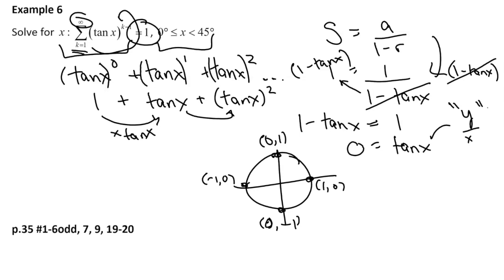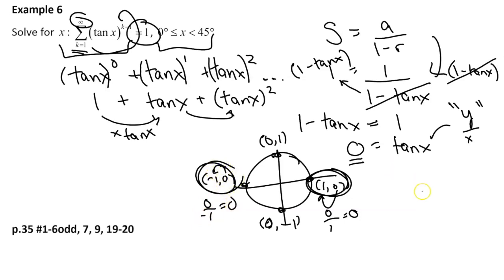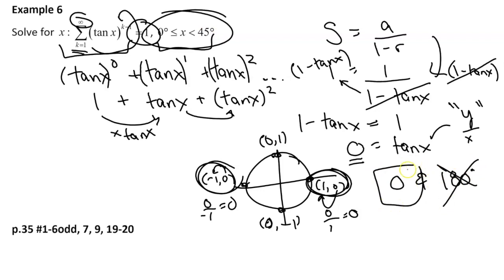You would have values in which you would get an answer of 0 here and here, because y over x would be 0 over 1, which would equal 0, or 0 over negative 1, which would equal 0. And so that happens at 0 degrees and at 180 degrees when you move around a unit circle. But if they want all the answers between 0 and 45 degrees, we reject the 180 and it would just be at 0 degrees.